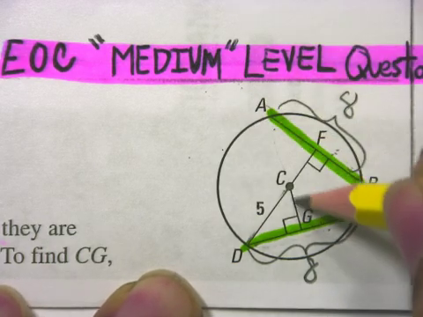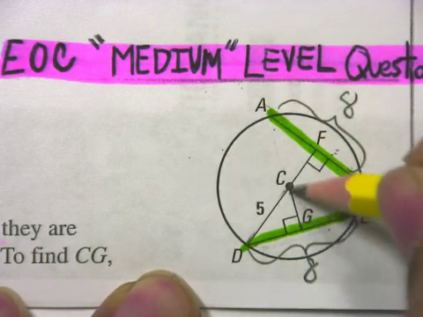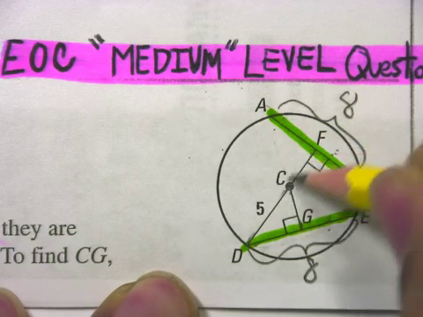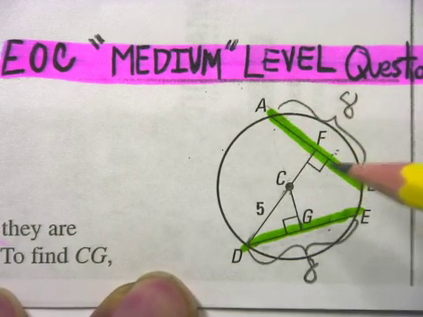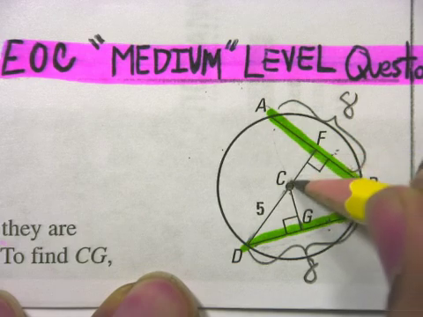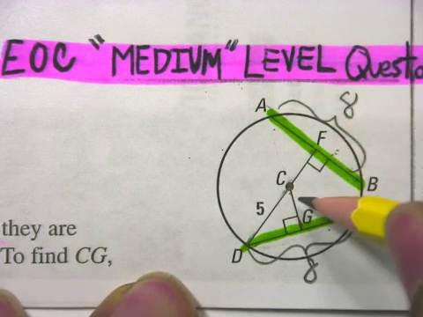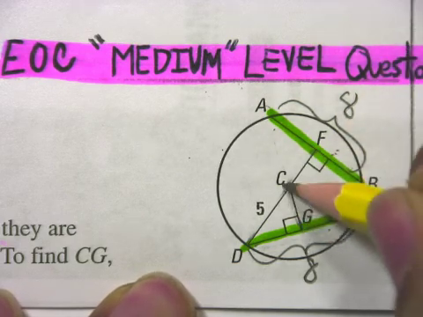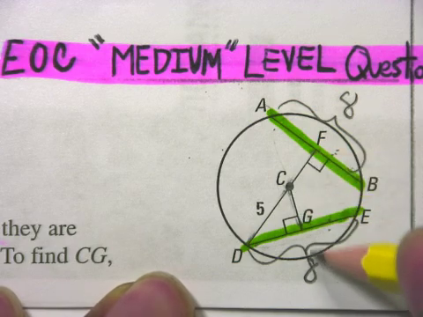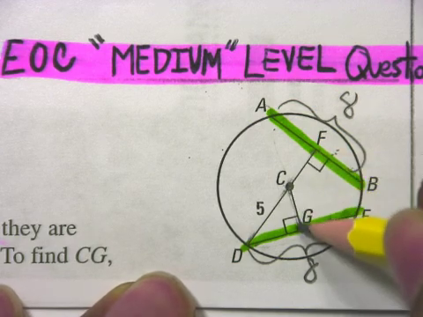I know that C to D is 5, and I know that these two chords are congruent. So if they're congruent, they have to be the same distance from the center, meaning that from C to G is going to be the same as from C to F.